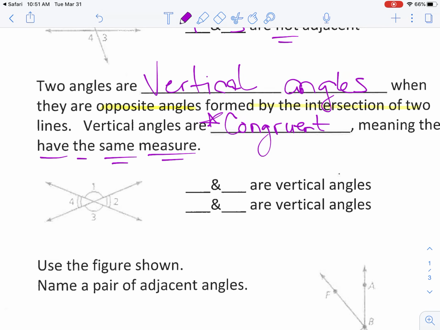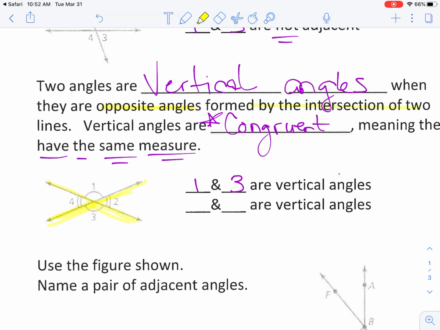Looking at this new diagram, I want to talk about vertical angles: opposite, formed by the intersection of two lines. We can say that angles 1 and 3 are vertical angles. They are opposite of each other and they also intersect.